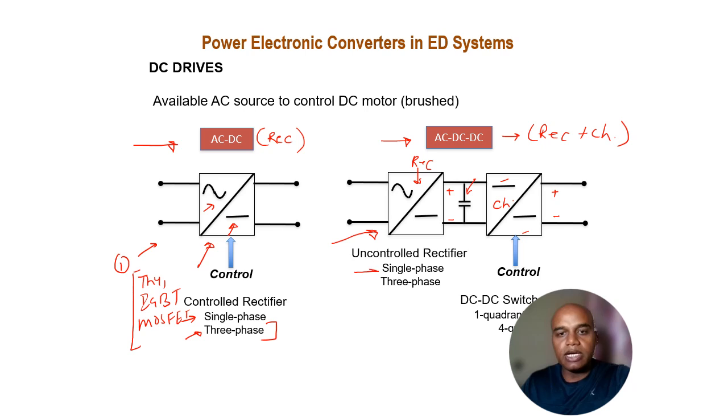Again, it can be single phase or three phase, depending on my drive requirement. Here we have the uncontrolled DC, and this can be controlled at the output by using my chopper circuitry, which is again made from controlled power electronics devices like thyristor, IGBT and MOSFET.